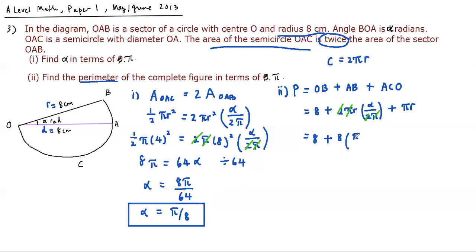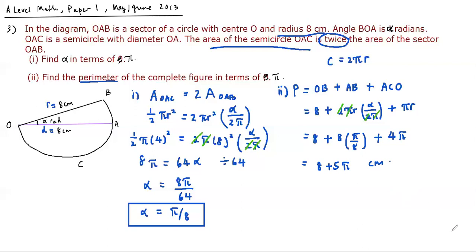So you have pi over 8, and then pi r, where the radius of the semicircle is 4. So you have 4 pi. Then in short, you have 8 plus 5 pi centimeters as the perimeter of the complete diagram. That is for question 3.